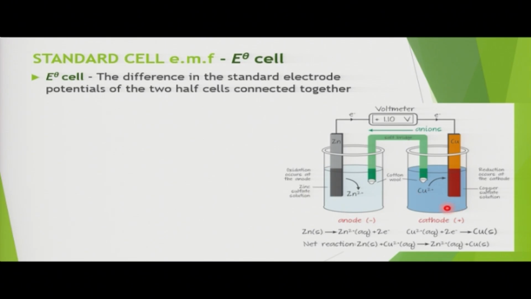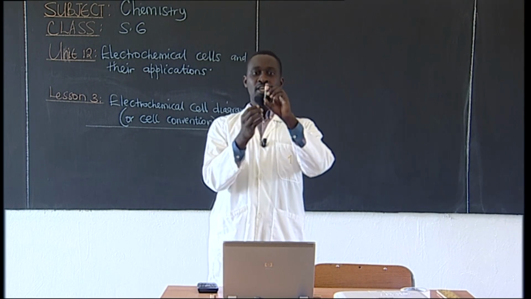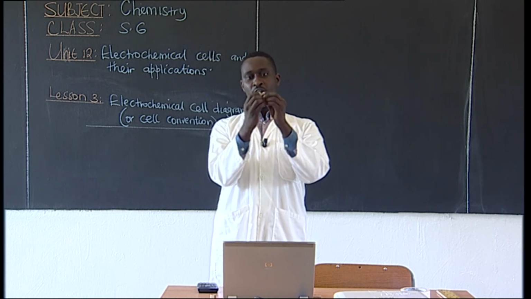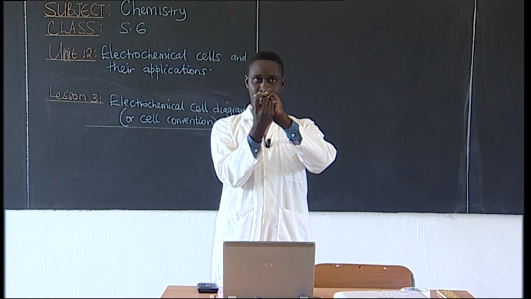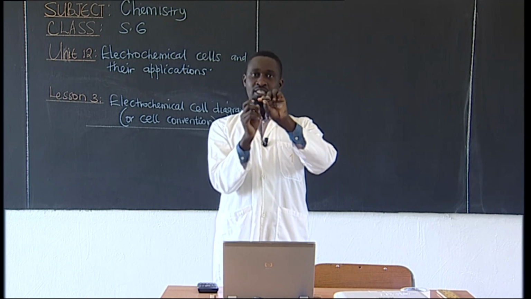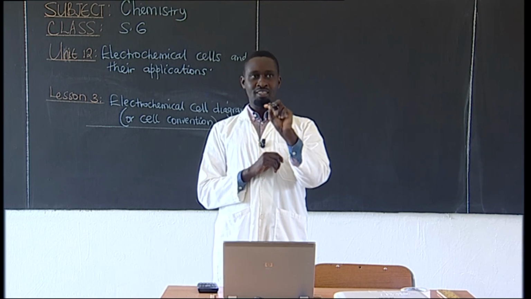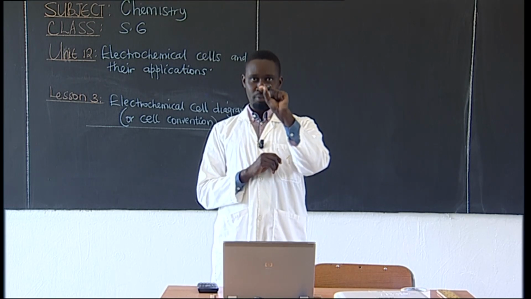Take a look here, the Duracell. This small Duracell has the potential of 1.5. I know we're going to look at the composition of this cell in detail, but I'm showing you what this standard cell EMF implies.